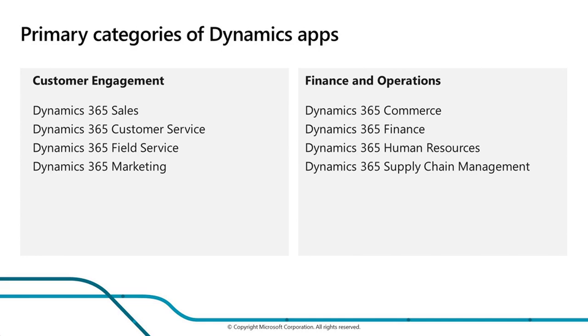Dynamics 365 Finance, for everything about finance in your company. Everything about HR is managed in Dynamics 365 Human Resources. And the last one is Dynamics 365 Supply Chain Management, which is all about producing and building things. So these are the four main services that are part of finance and operations in Dynamics apps.